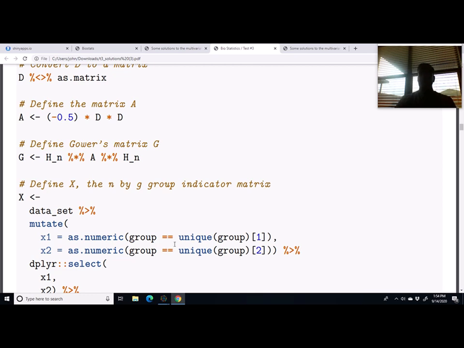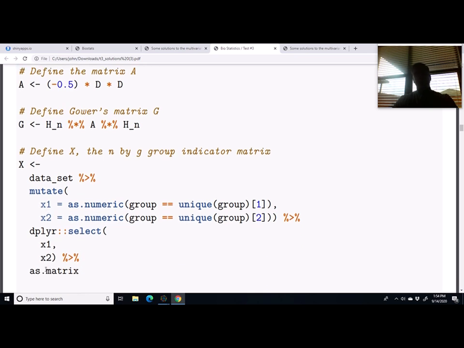Remember, the double equal sign is a relational operator, so it's going to test whether the two sides are equal and return a true if that happens, or it will return false. And when we convert that to numeric, false becomes 0, true becomes 1. Then I can pipe into dplyr and just select X1 and X2. So the result of this, after we pipe it to matrix, is that we have a matrix with two columns, X1 and X2. Each column has only zeros or 1, depending on whether the row was in group 1 or 2.